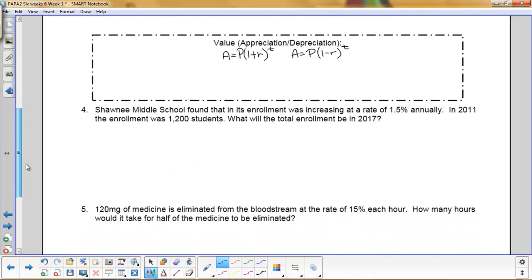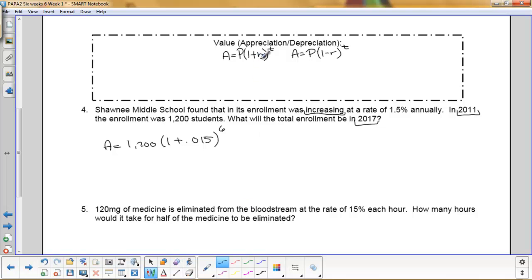Okay, so we're going to use the appreciation formula here, and we get A equals P, which is 1,200 students, times 1 plus 0.015, and we're going to raise that to the 6th power because that's the total number of years that have gone by.